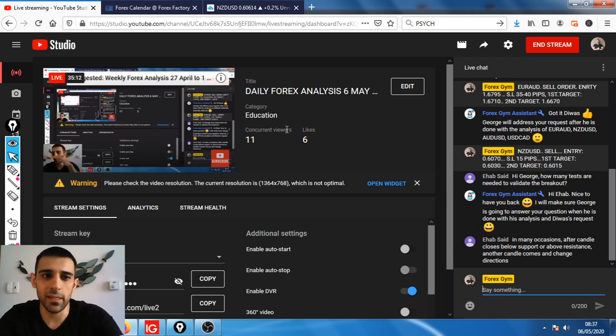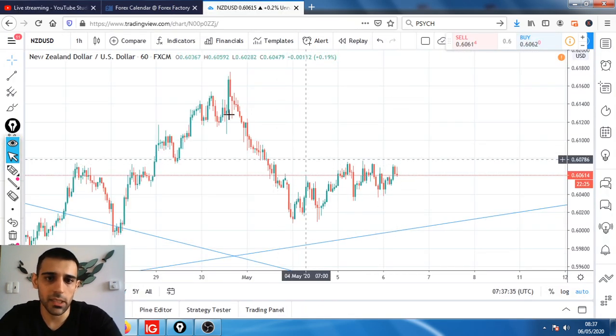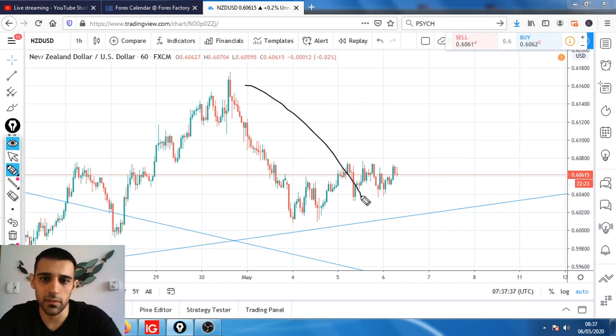Normally it takes quite some time if the price will change direction. It does not happen suddenly. In this case, for example, the big trend is down to this level, but now it is going into this choppy range.